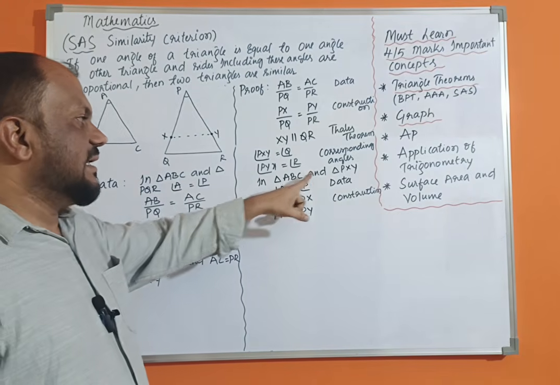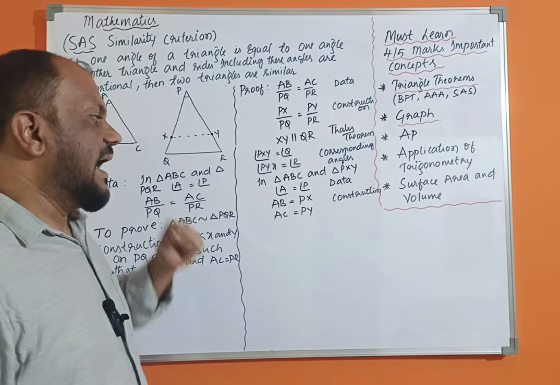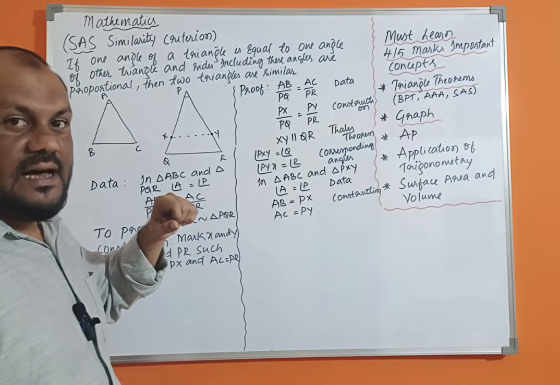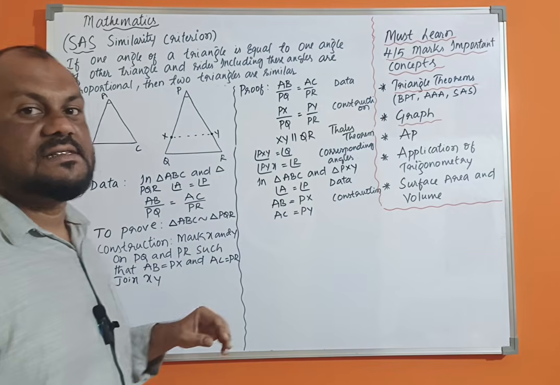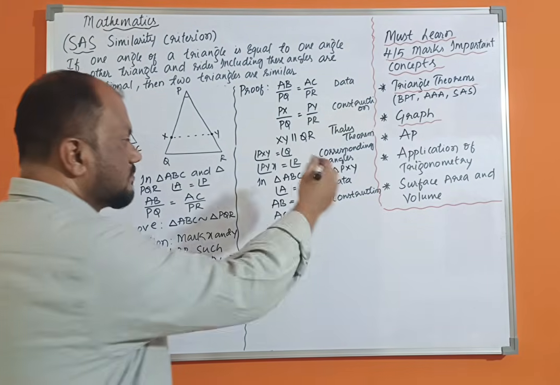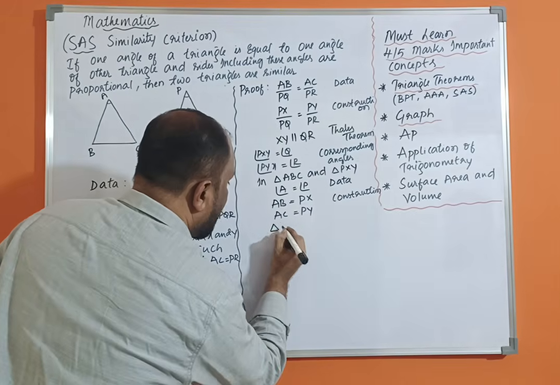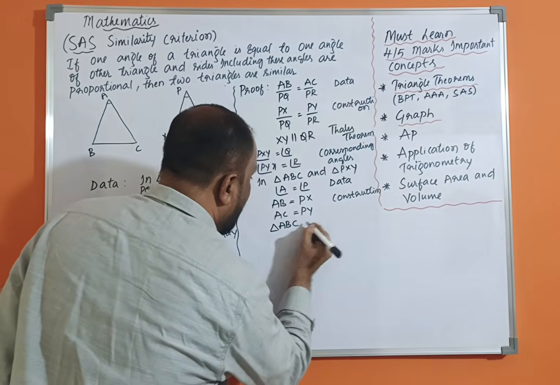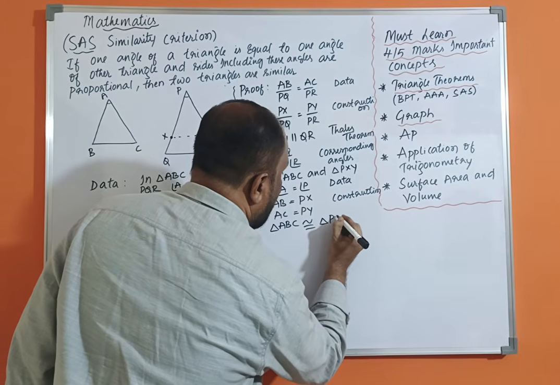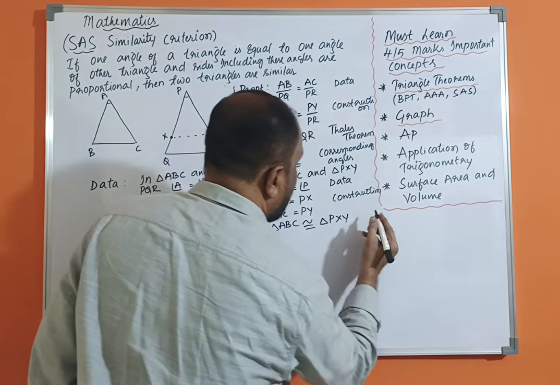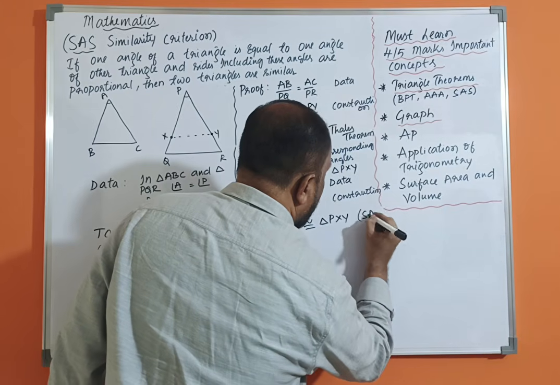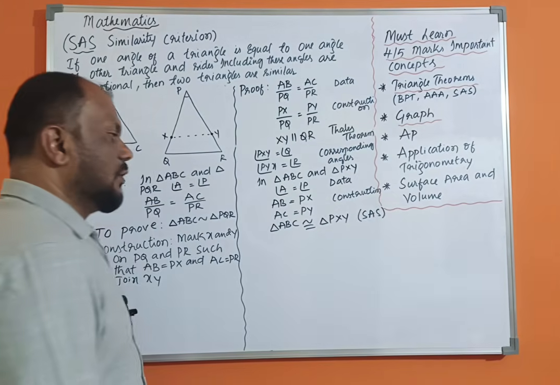So in triangle ABC and PXY, one angle is equal and the sides including the angles are also equal, then the triangles are congruent by SAS congruency rule. Triangle ABC is congruent to triangle PXY. Reason: SAS rule. Okay.